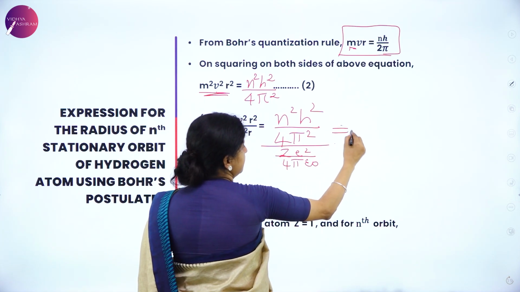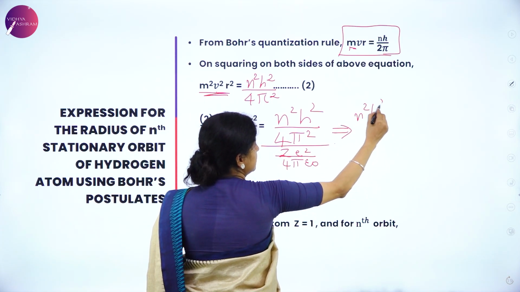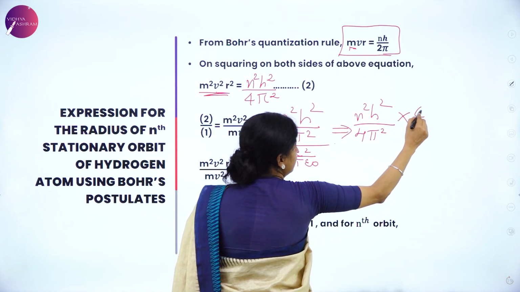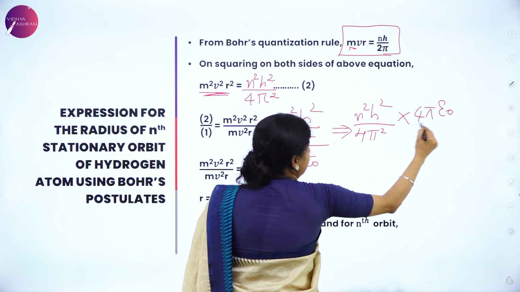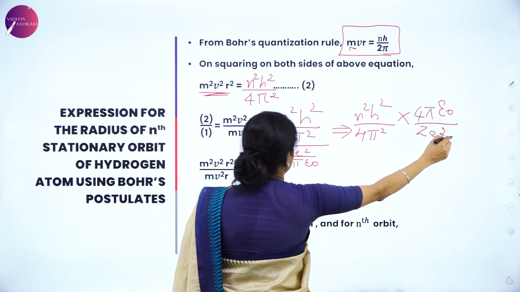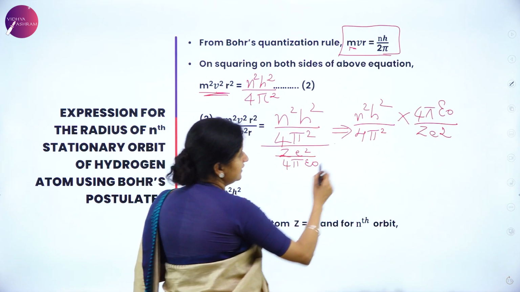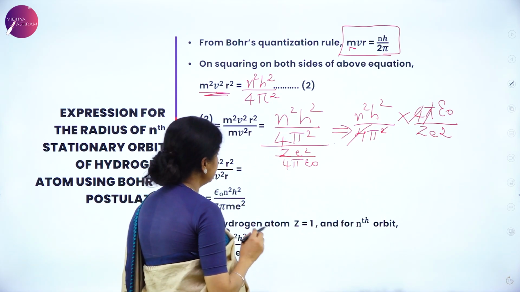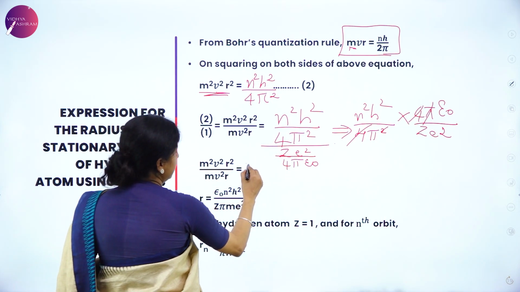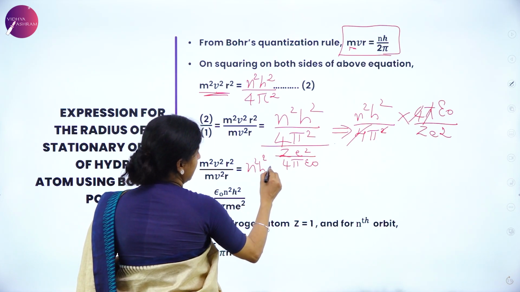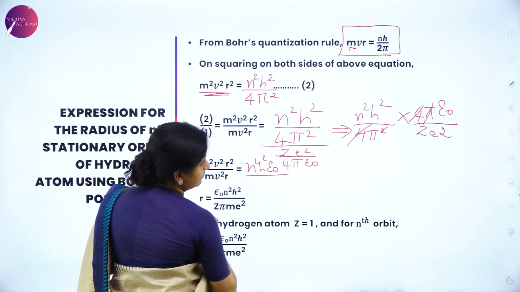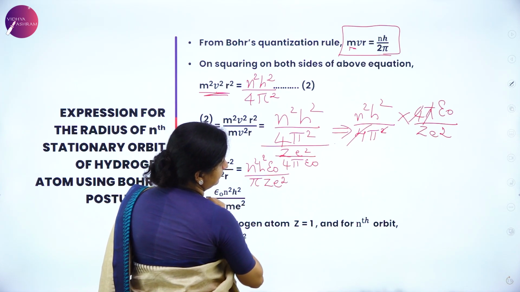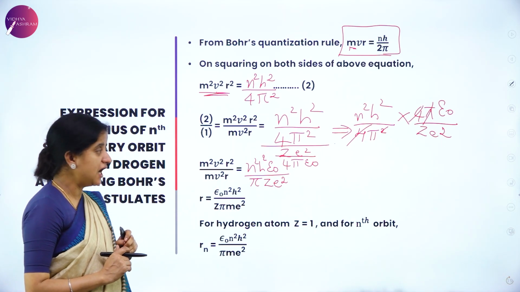Now this can be written as n square h square divided by 4 pi square into 4 pi epsilon naught divided by Ze square. Can we cancel anything? 4 cancels, pi and pi cancel, and we remain with n square h square epsilon naught divided by pi Ze square. So this is my RHS.